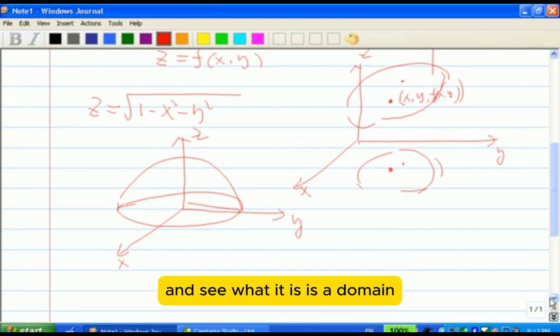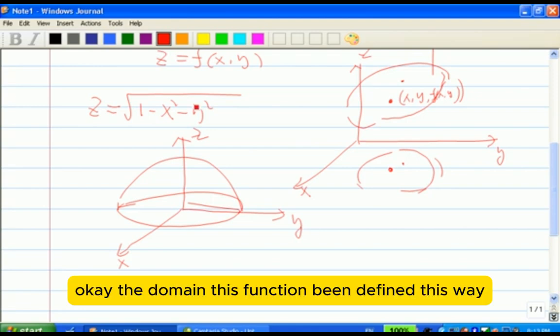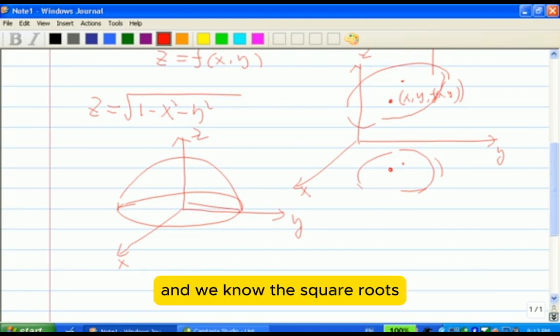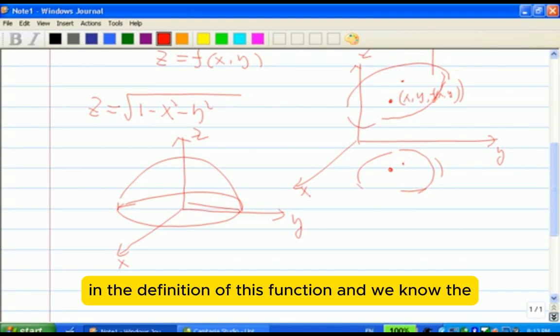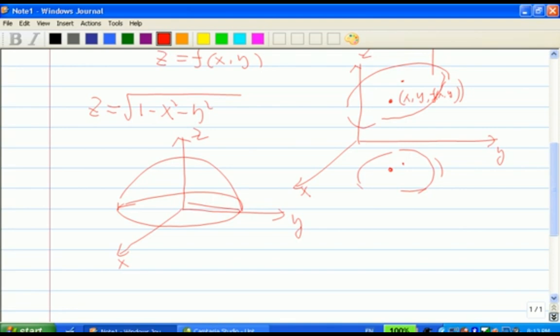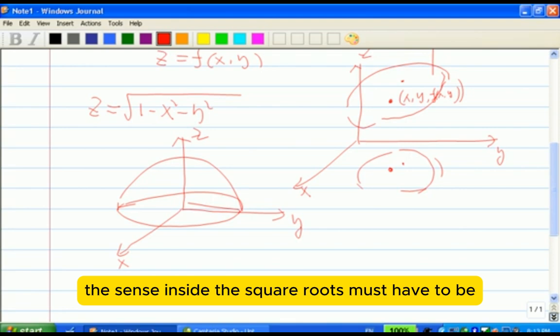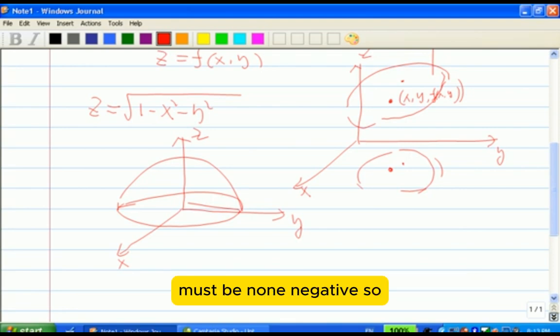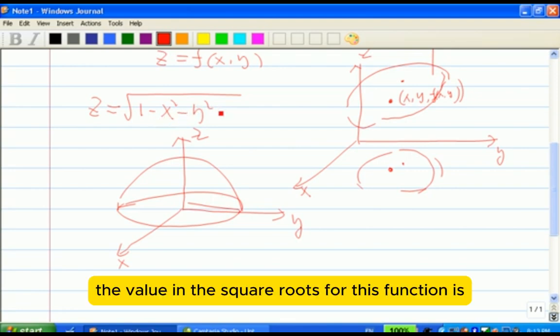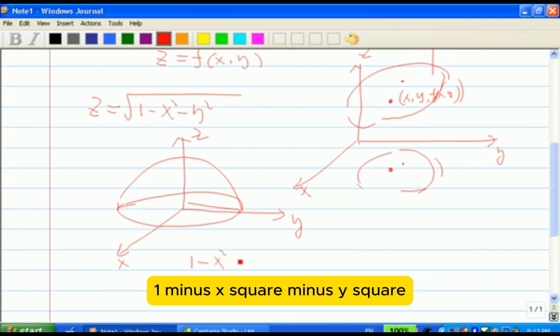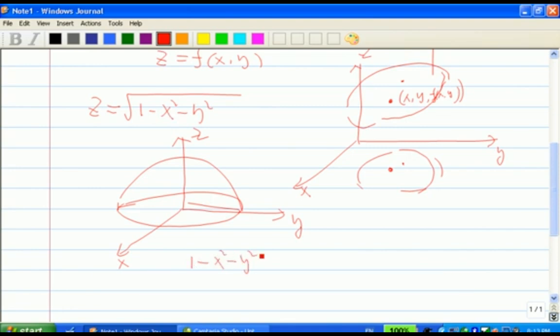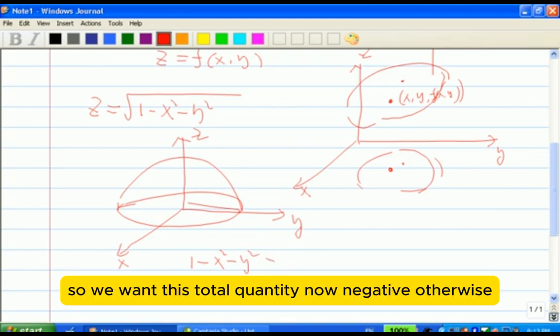The domain. This function has been defined this way, and we know square roots are involved in the definition of this function. We know the quantity inside a square root must be non-negative. So the value in the square root for this function is 1 minus x squared minus y squared. We want this quantity non-negative.